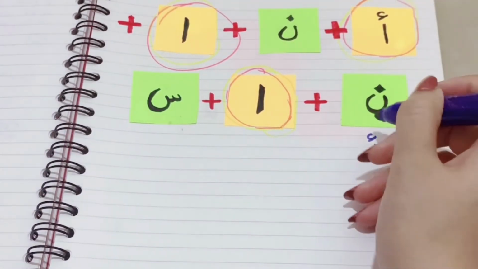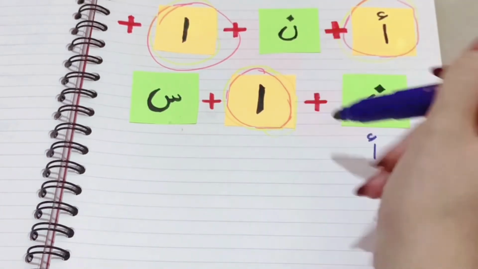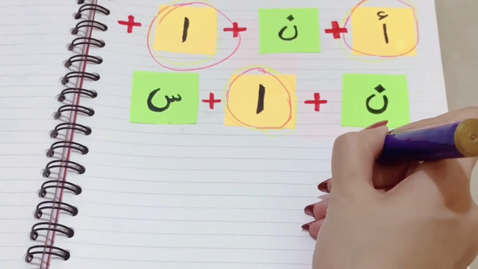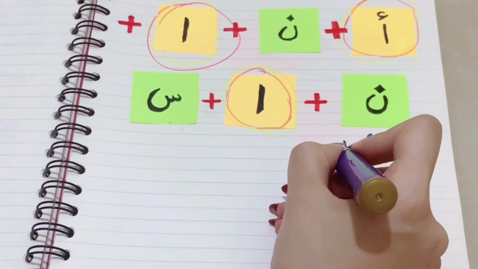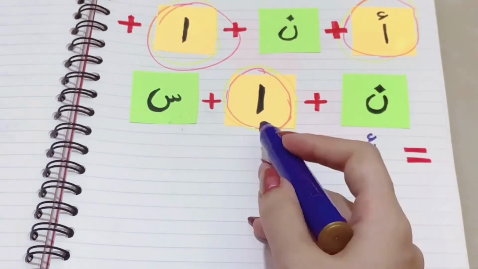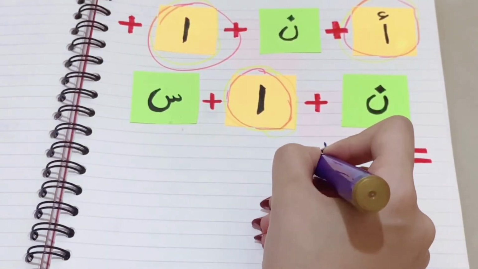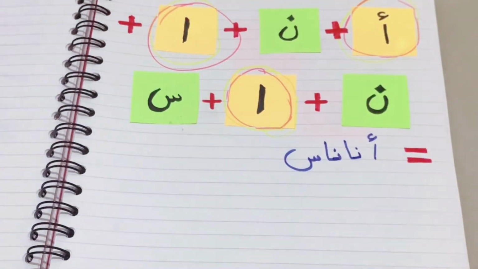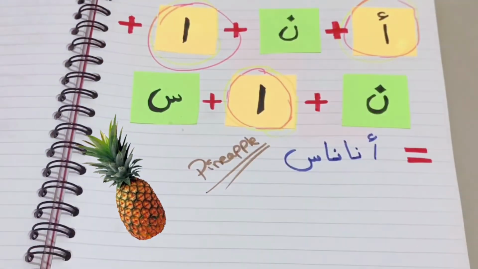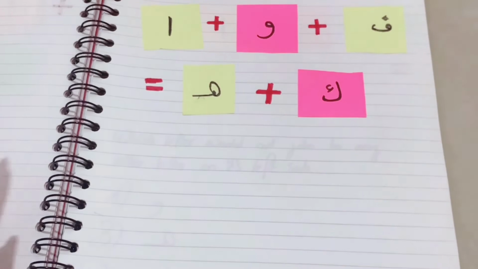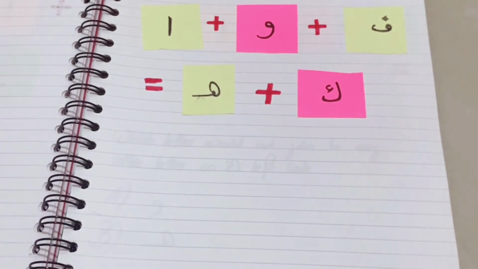Noon wouldn't get connected to alif, but would get connected to the other alif, another noon, another mid alif, and Sheen. Ananas, ananas, pineapple.